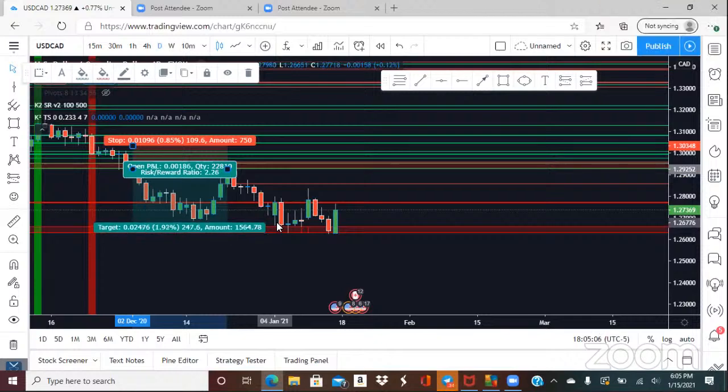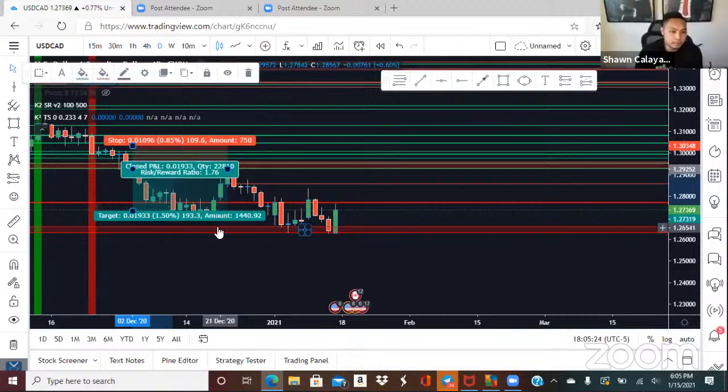Actually, I would have probably put it right at the bottom, somewhere around this general area here, because I don't want to miss it. So how many pips is that? That's close to 200 pips. There's 193 pips right there.